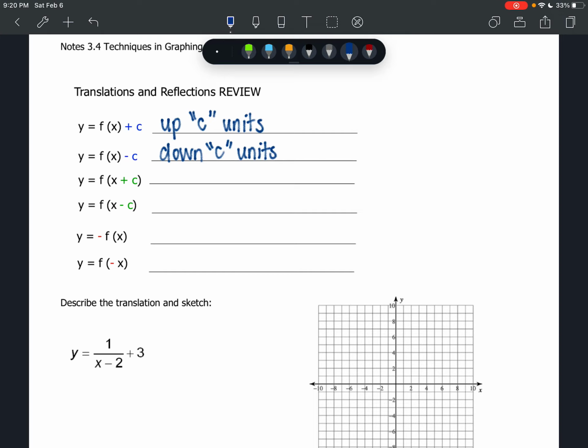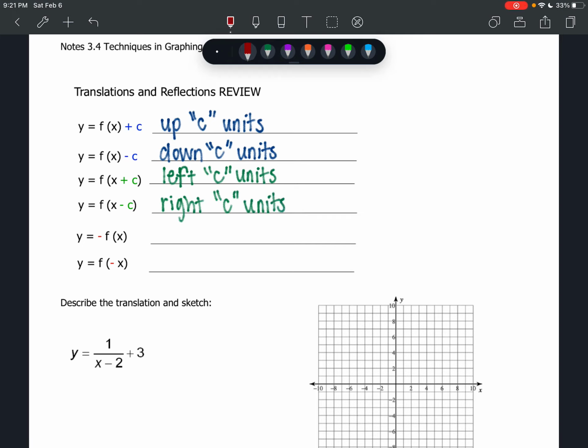And if I add inside the function, adding is going to result in a left move, while subtracting inside the function is going to result in a right move.